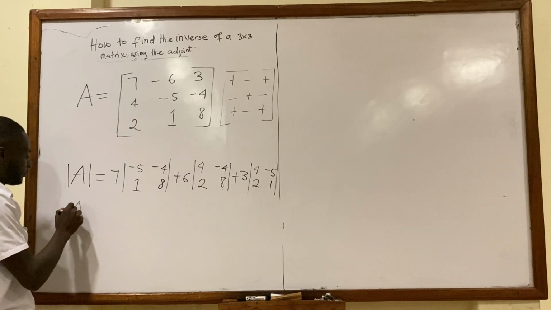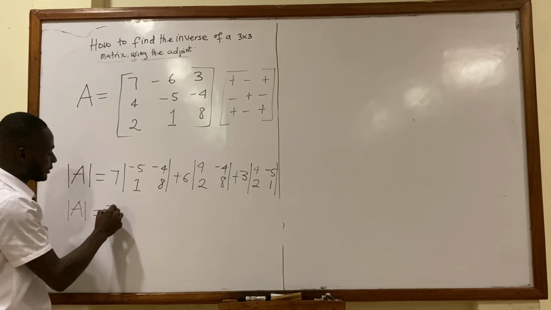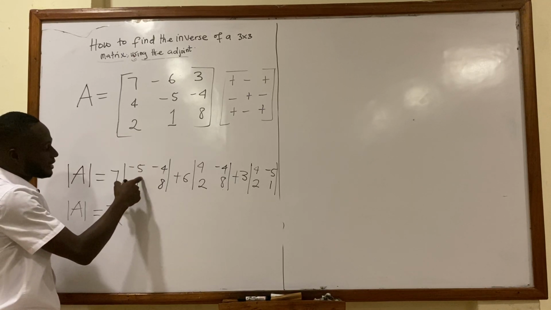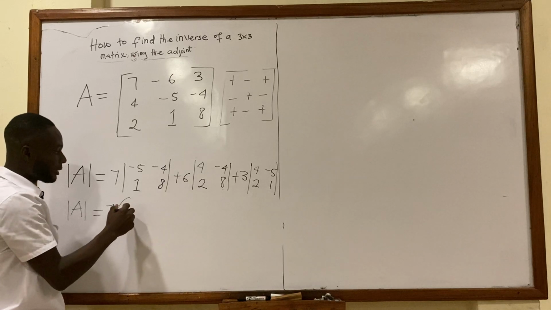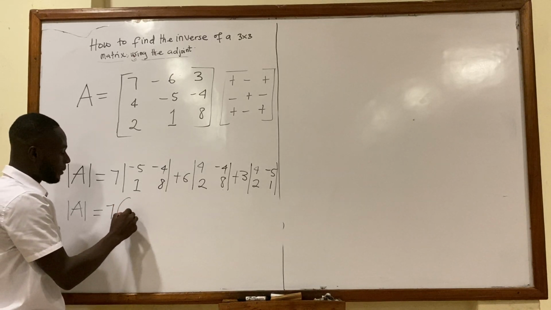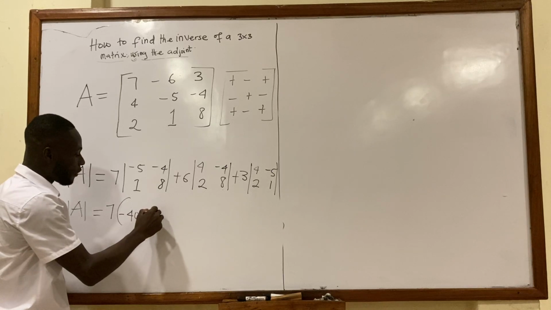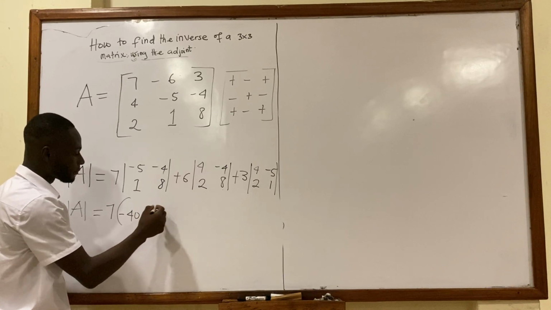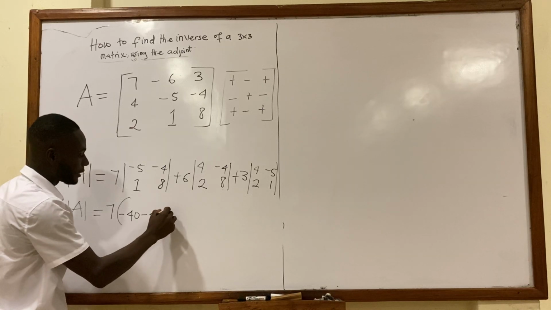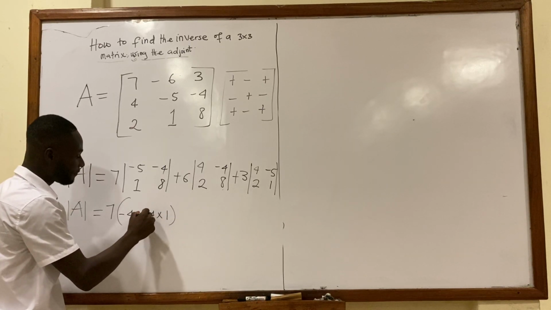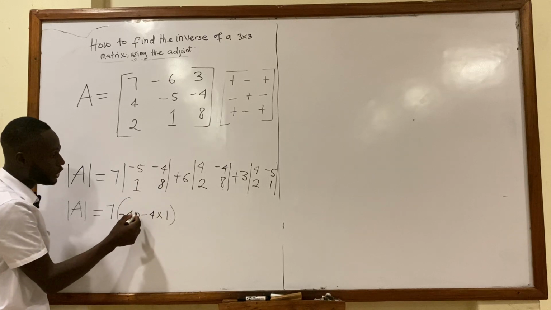Good. So now 7 into minus 5 times 8, the first diagonal. So minus 5 times 8, which is minus 40, minus 4 times 1. But already we have a negative. When you are multiplying this diagonal, we use negative.